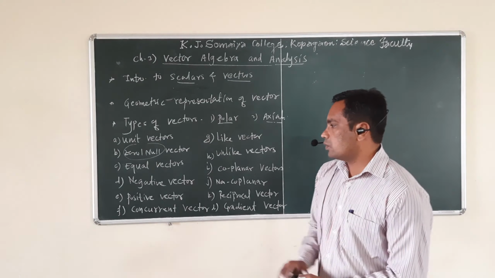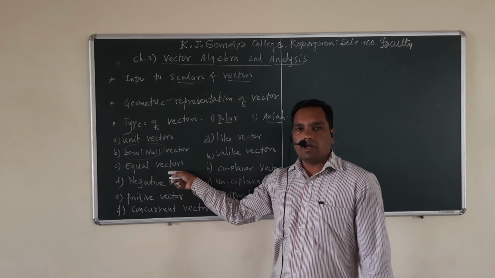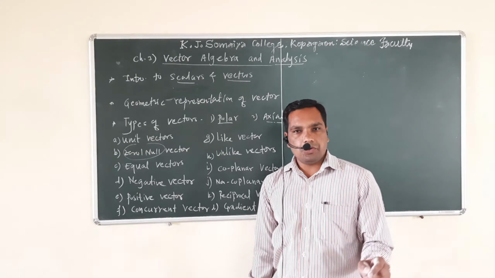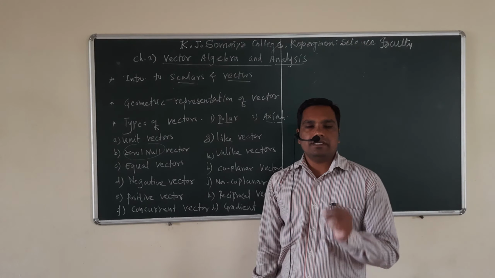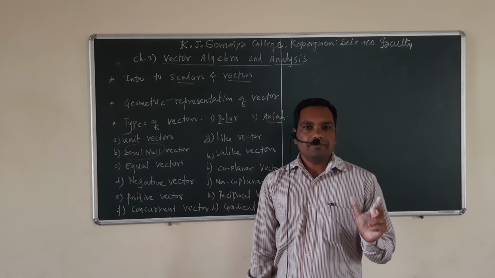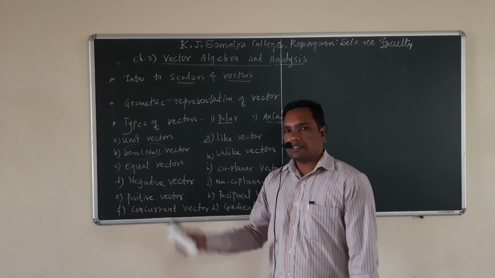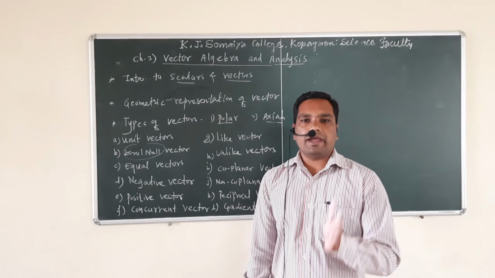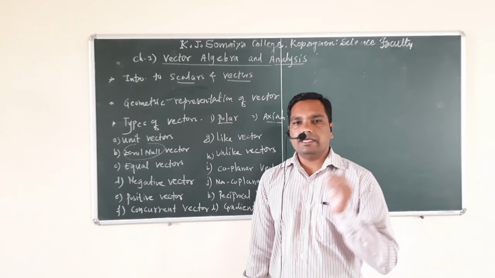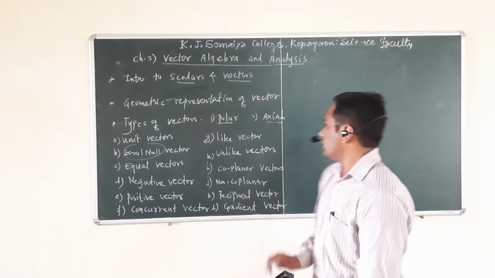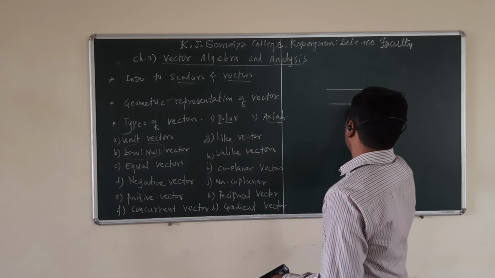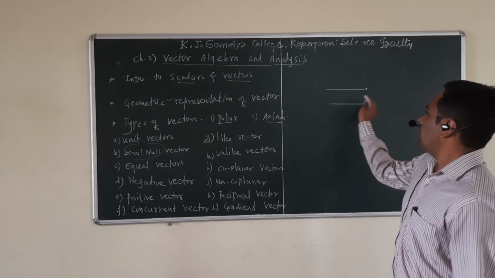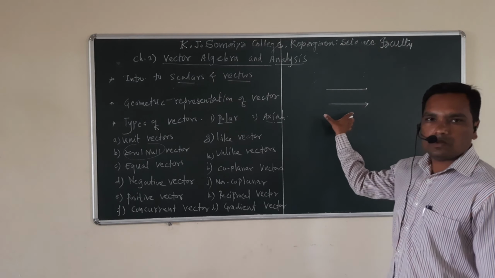Two or more vectors are equal when their magnitude as well as their direction is the same. Like this. These two vectors are equal: their direction is the same as well as their magnitude.